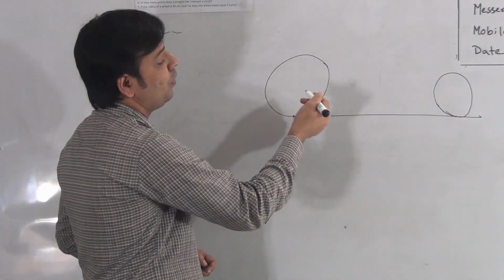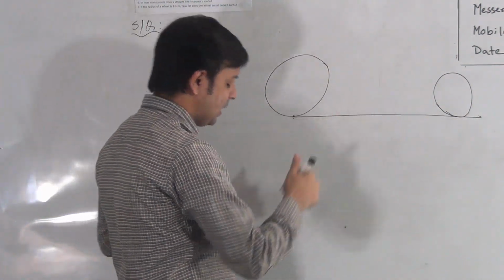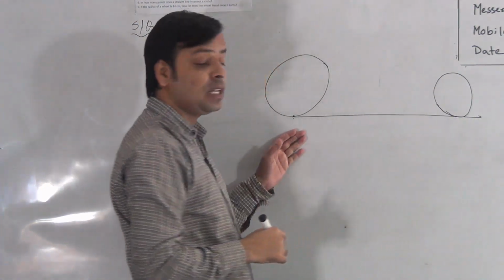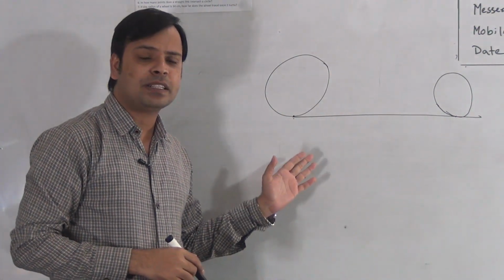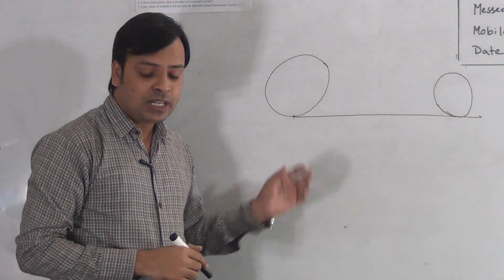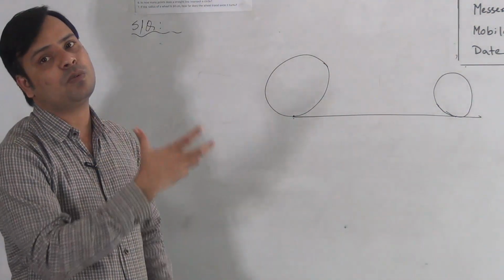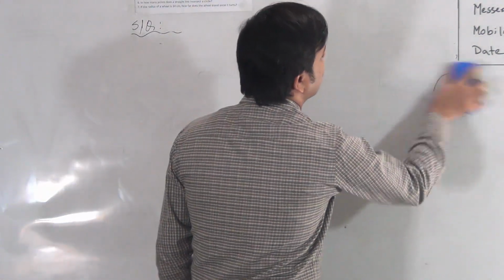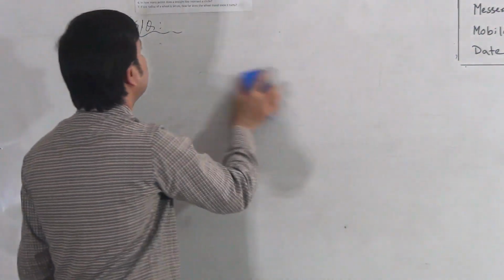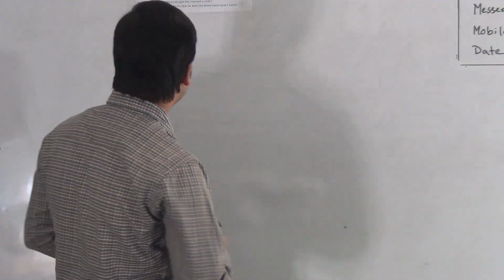So we can say when it passes a distance equal to its perimeter, it will just turn one round. So the distance will be equal to its perimeter. The required distance will be equal to its perimeter.